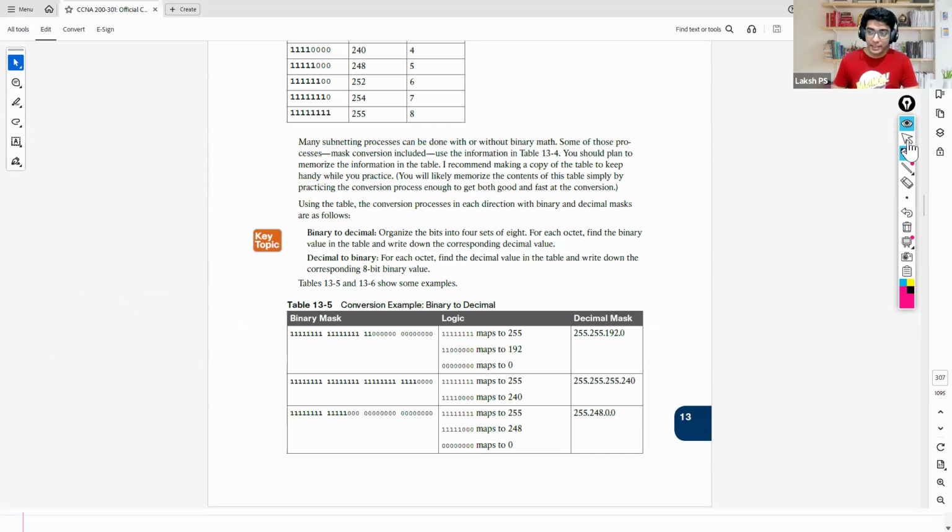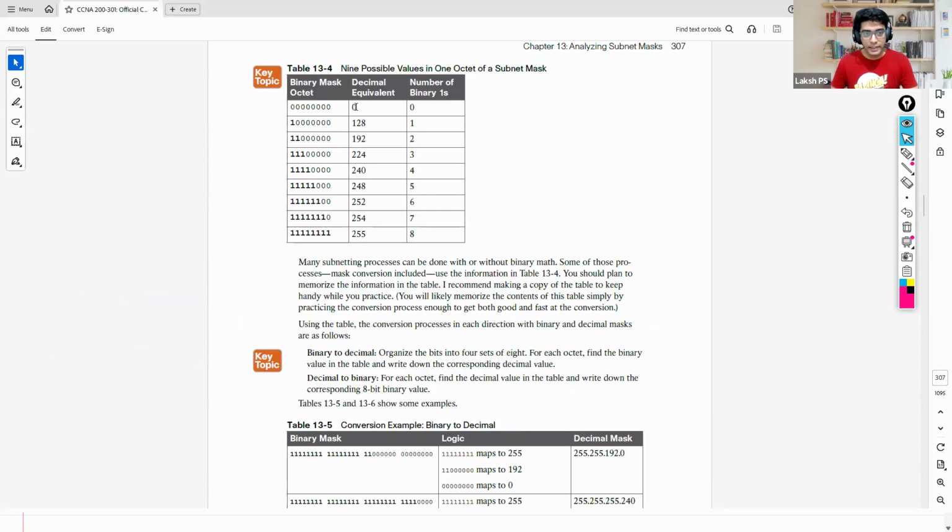So it was strategically chosen that these numbers from 0 to 255 are the numbers that will be used to write an address mask. It may not be just 255.